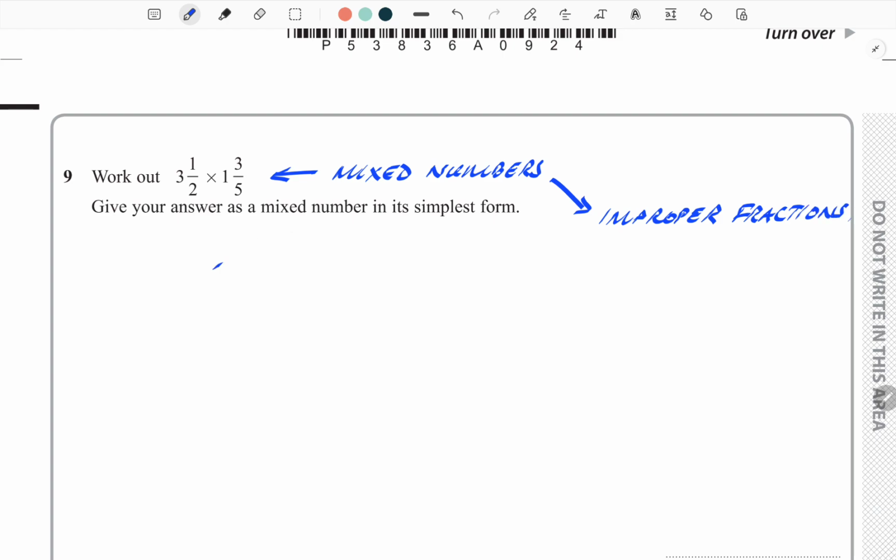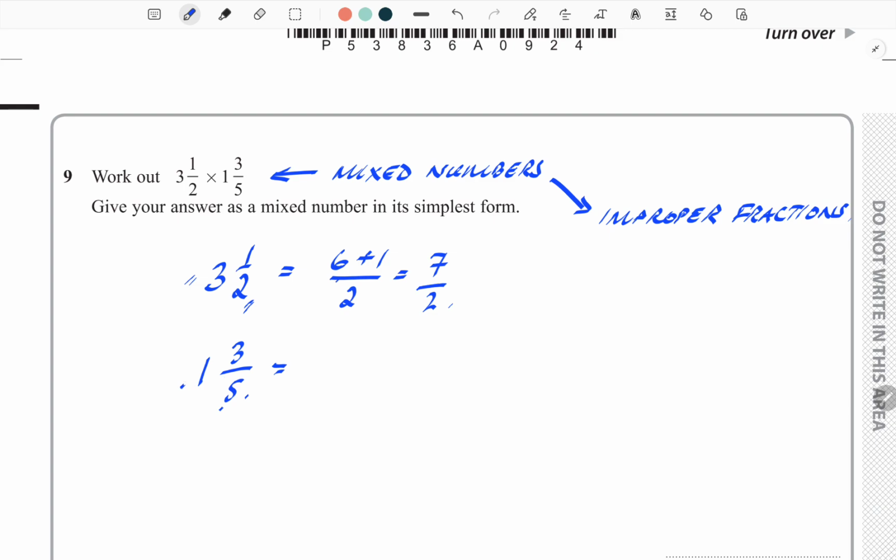Okay, so the first one, 3 and 1/2. So you multiply the denominator by the whole number and add the numerator. So that's 3 times 2, 6, plus 1, over the original denominator. That's 7 over 2. Oops, sorry. Let's tidy that up. I can do better than that. 7 over 2, all right? And same method with the second one, 1 3/5.